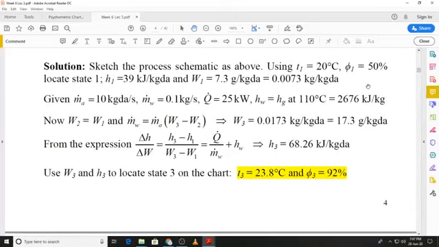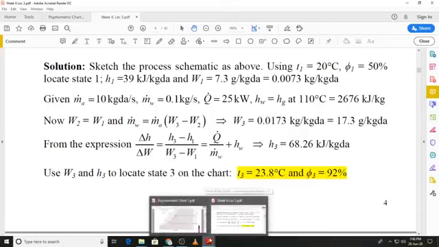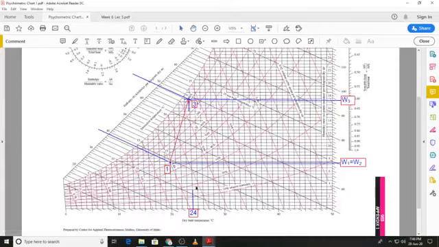The first thing that you can do is to locate state 1 at which the dry bulb temperature and relative humidity is given. Once you have located state 1, you will be able to read off the specific enthalpy and humidity ratio from the psychrometric chart at state 1, and I will show that to you. I've already marked state 1 over here.